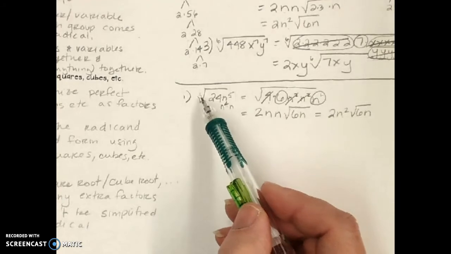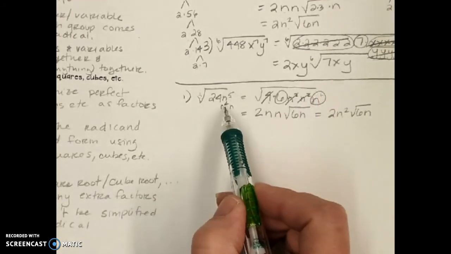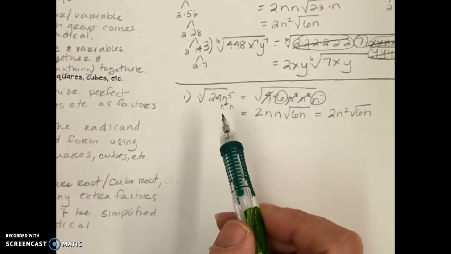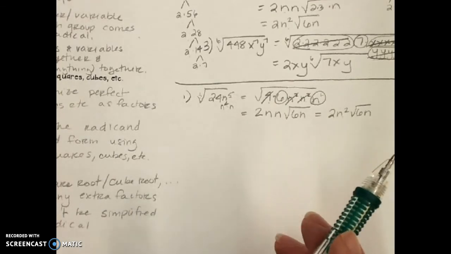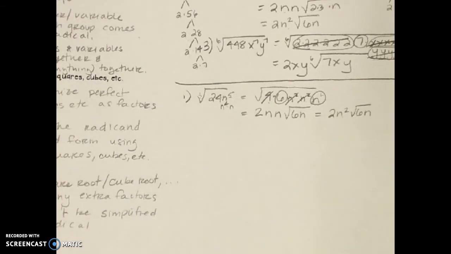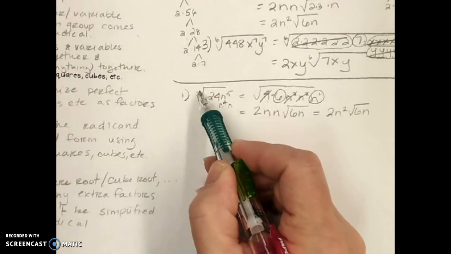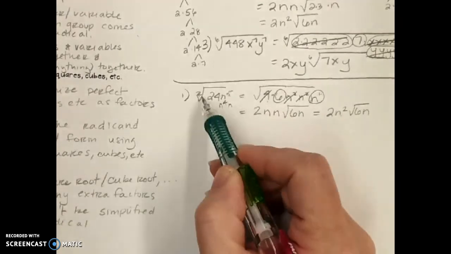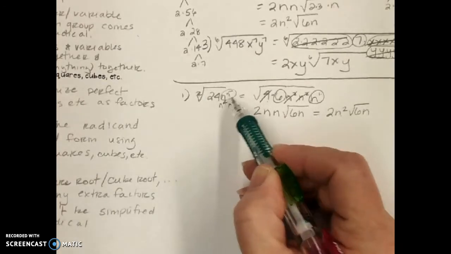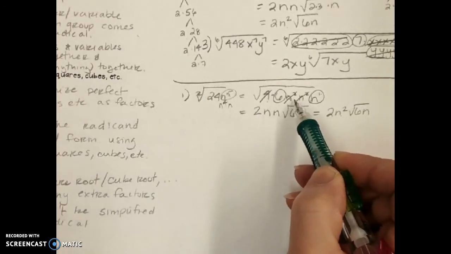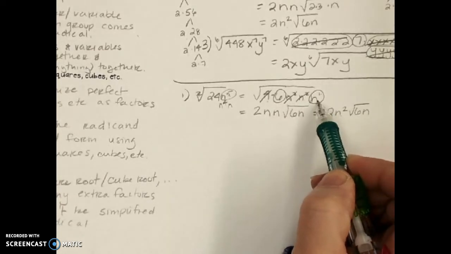If it's a cube root, you're going to take out groups of 3. And so, for some of you, that's going to click, and you're going to be like, oh, I get what she's saying. And some of you are sitting there thinking, I don't have a clue what she's saying. So if you don't, then whatever your index is, rewrite that variable in groups of that index: n squared, n squared, and then there's one left over to give me the n to the 5th.